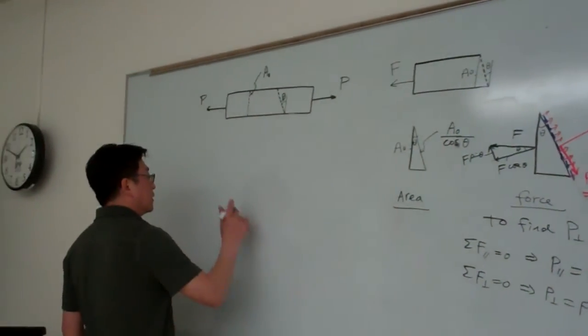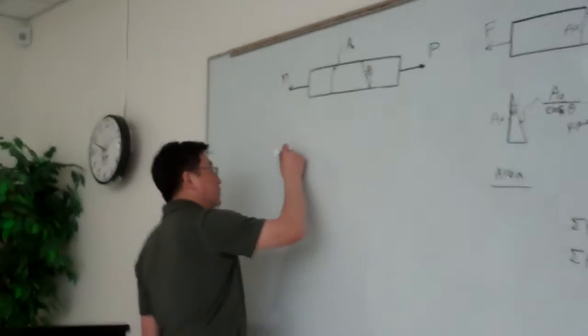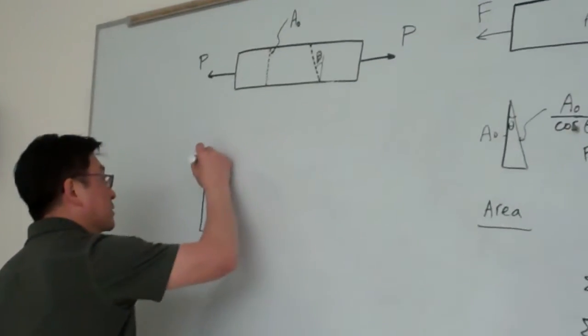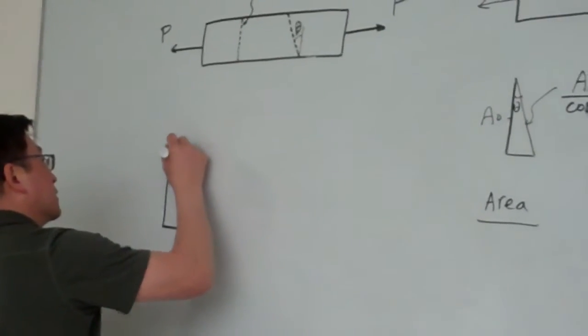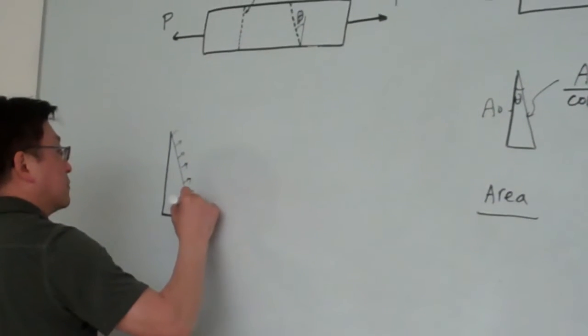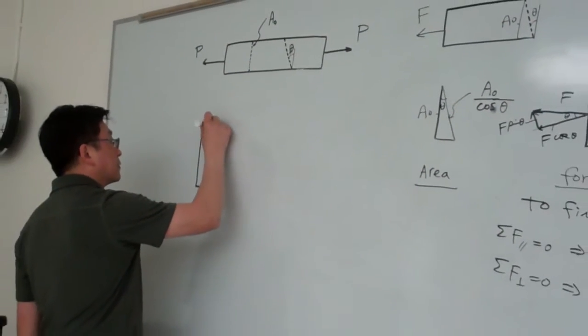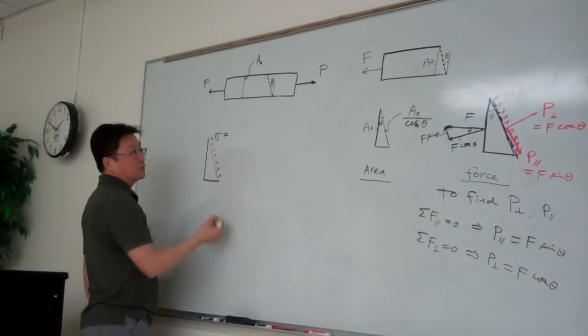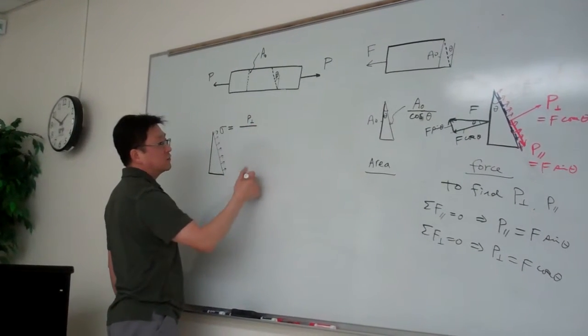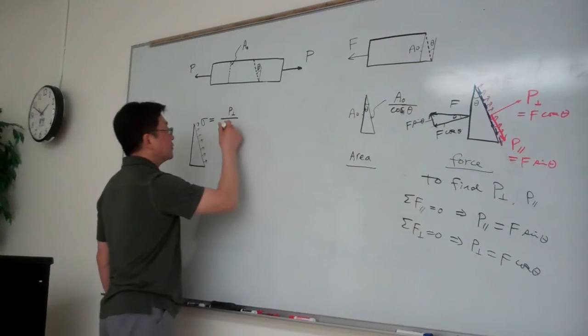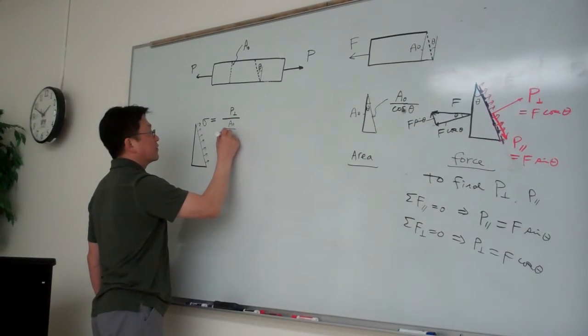So the normal stress. Let me re-express the free body diagram again. First, let me determine the normal stress. Normal stress will be equal to P normal divided by area, which is A now divided by cosine theta.